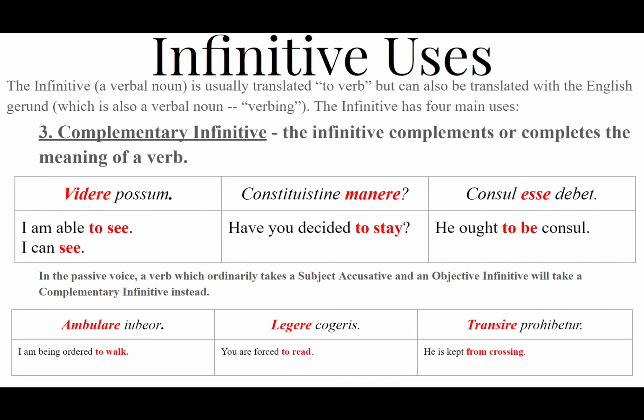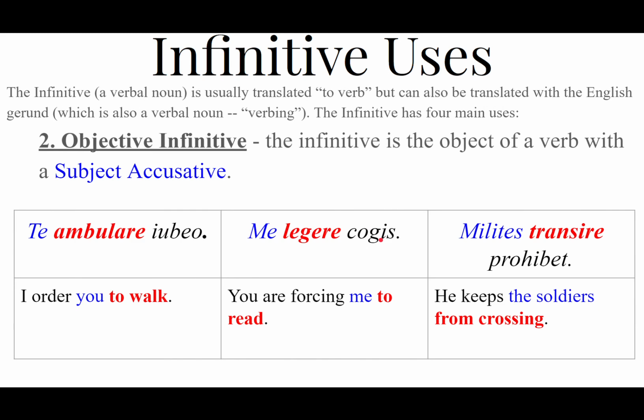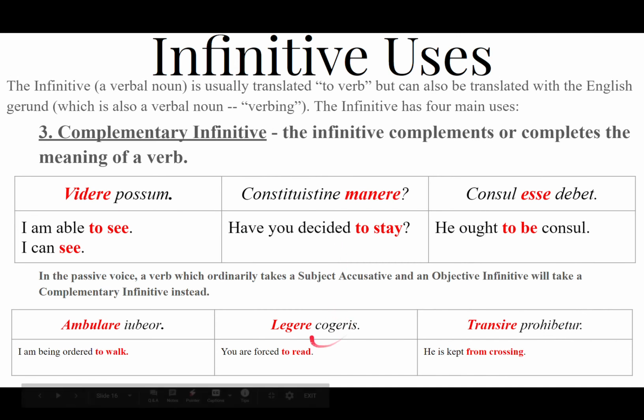Yeah, that's cool, that's great, but it's like I'm left hanging. What are you ordered to do? Ambulare, to walk. Legere cogeris, you are forced to read, whereas previously, you are forcing me, the subject accusative, to do the objective infinitive. In the passive, you are forced to do the thing.